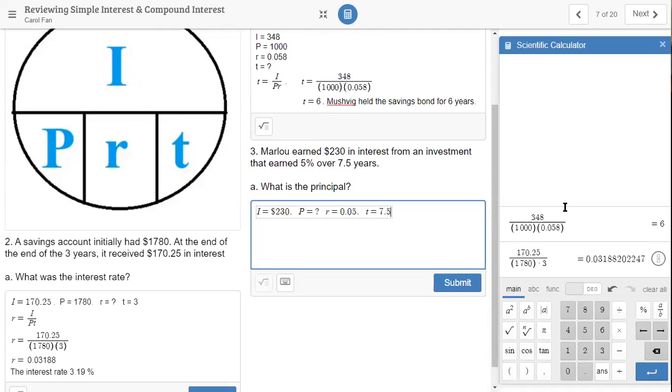And time, 7.5. So the equation that we're working with, P is equal to I over RT. So let's substitute our numbers in. P is equal to 230 divided by 0.05 times 7.5.